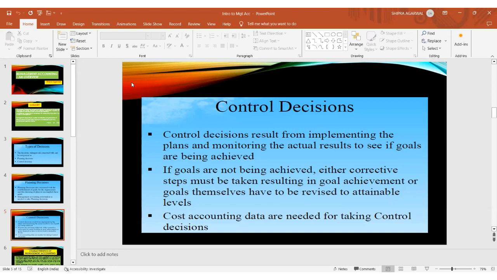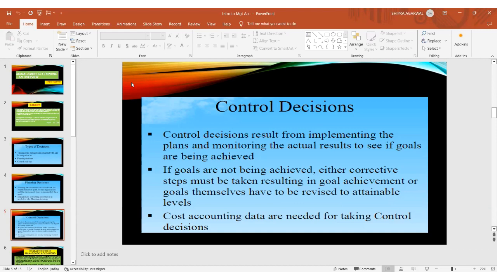If the goals are not being achieved, then we need to study the root cause: why we are not able to achieve the target. And once that root cause is known, we try to find the corrective action or corrective step, so that after taking it, we get back to the correct target.